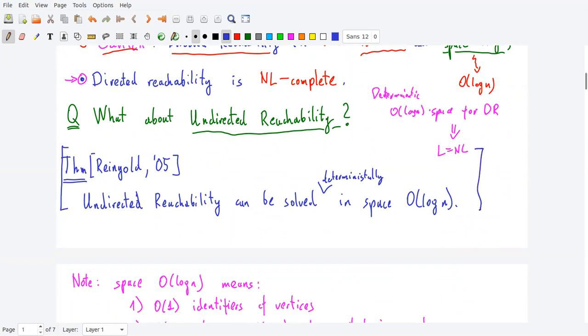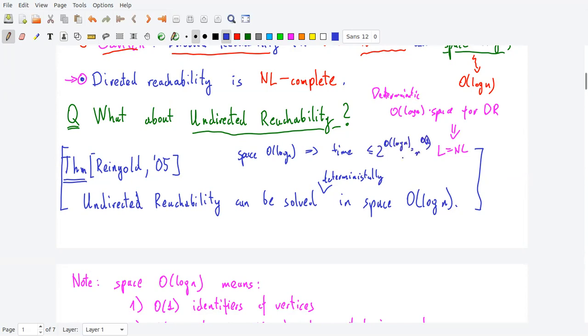Are there any questions about our goal? Do we want a polynomial algorithm or will quasi-polynomial also do? You mean in time complexity? Yes, in time. So if an algorithm works in space order of log n, then the time complexity is automatically bounded by 2 to the power of order of log n, which is polynomial.